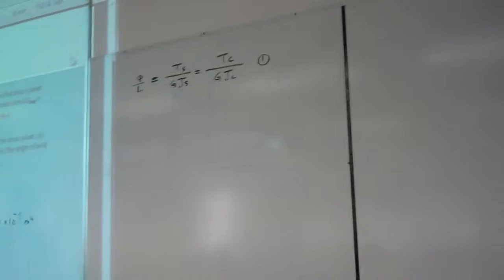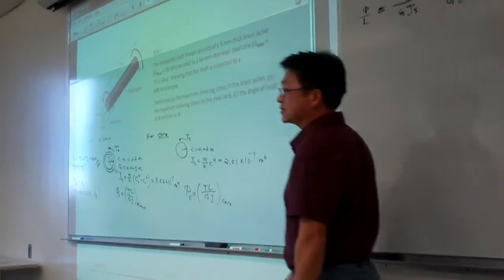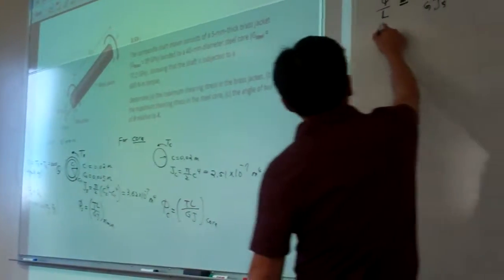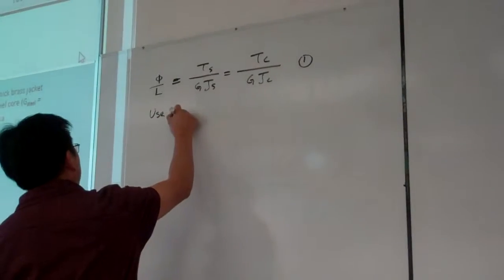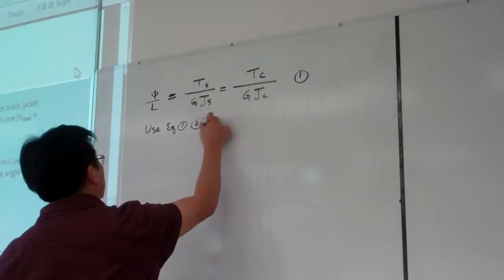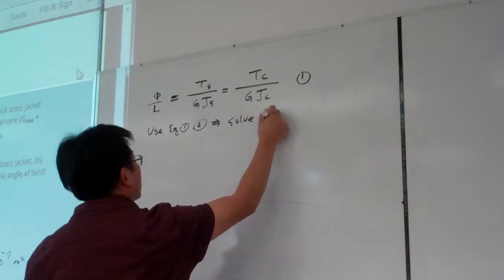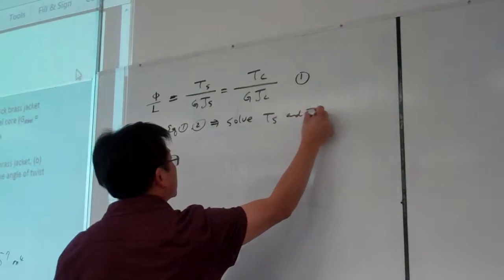For 2 equations, we have 2 unknowns, so we should be able to solve for TS and TC. One way is using equation 1 and 2, we can solve for TS and TC.